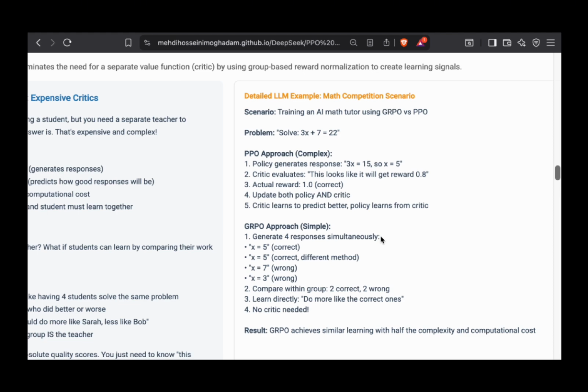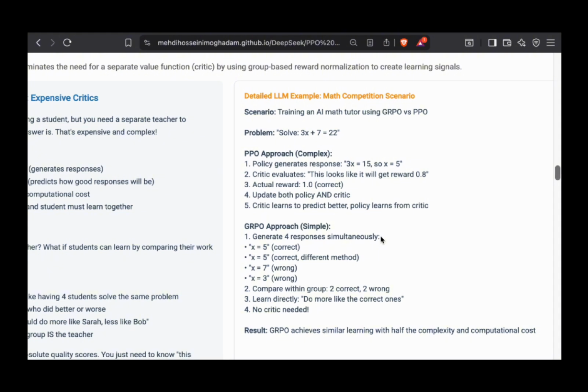So okay, imagine that we have a group size of 4, so we generate 4 responses. The first one is x equal to 5, the second one is again x equal to 5, x equal to 7, x equal to 3.